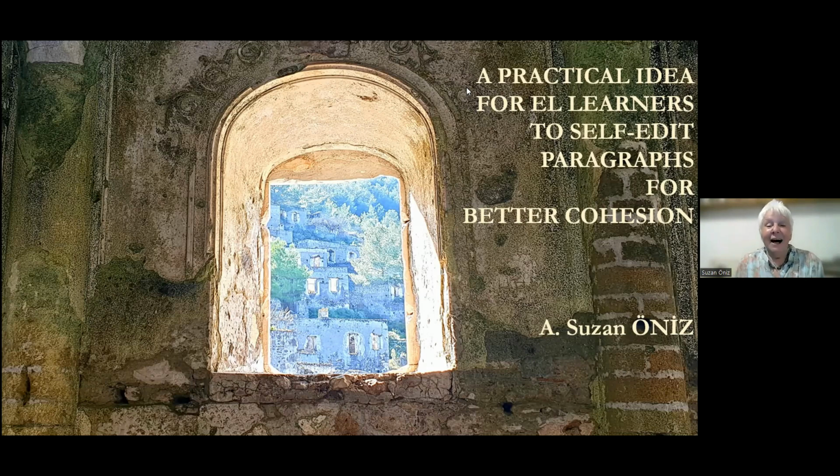Okay. Let me start with the title. The title starts off by saying it's a practical idea that I'm going to talk about. Well, actually, it's not just one idea. It's a bag of several ideas neatly packaged in this bag.